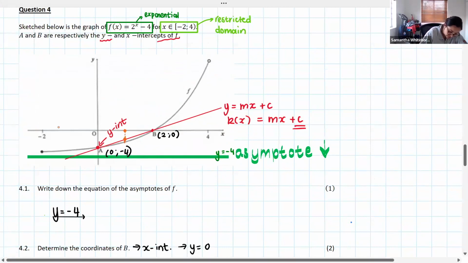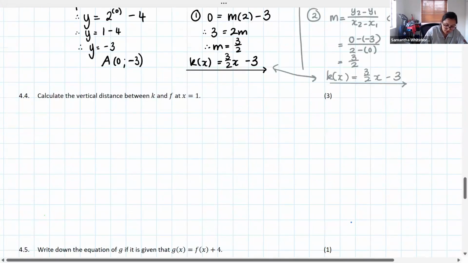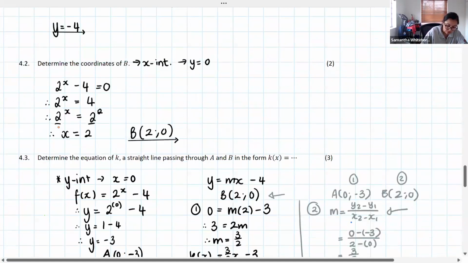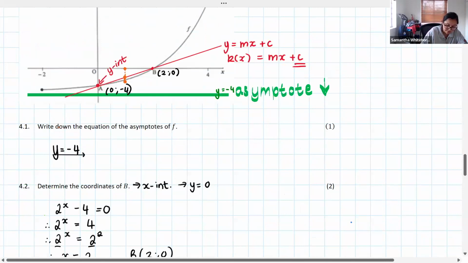Now, guys, whenever you are asked for a vertical distance, a really useful formula to remember is top minus bottom. I'm talking about your y values. If you can work out what your top y coordinate is, in this case on the straight line, and your bottom y coordinate, you can then just subtract the two.